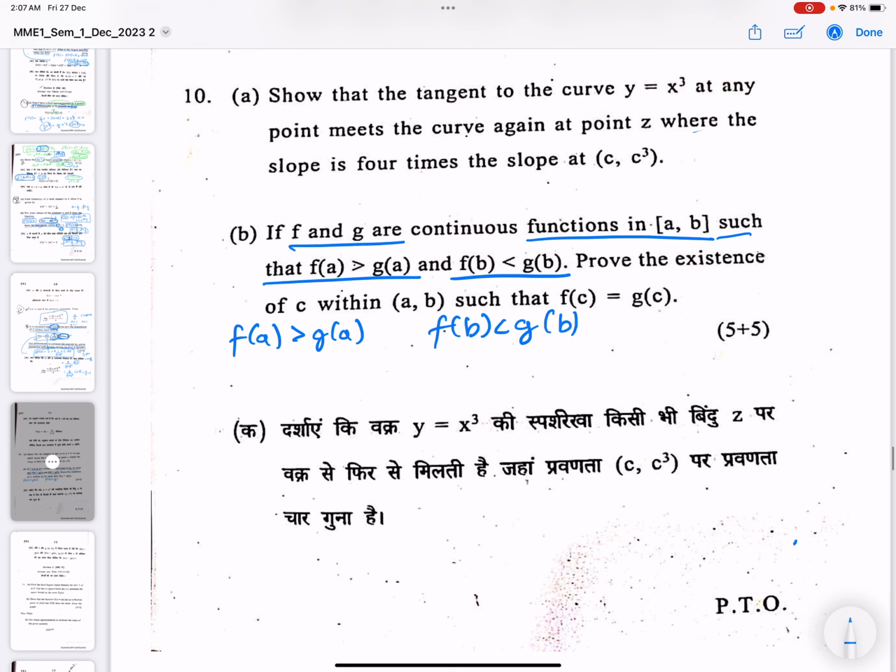So we know f of a minus g of a is greater than 0, and f of b minus g of b is less than 0.